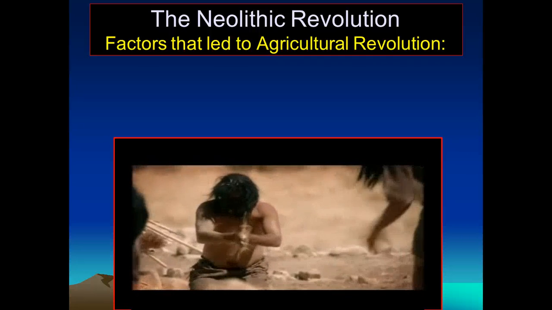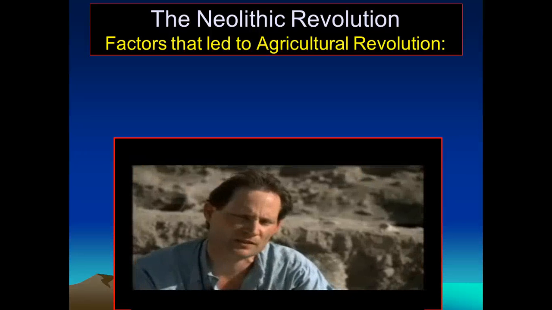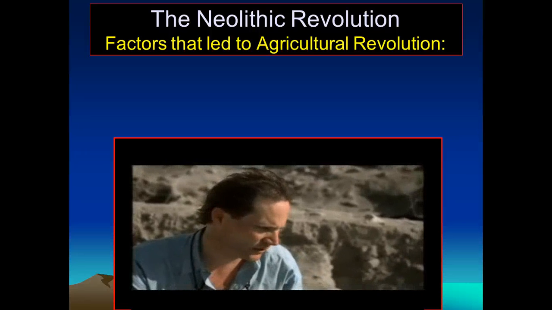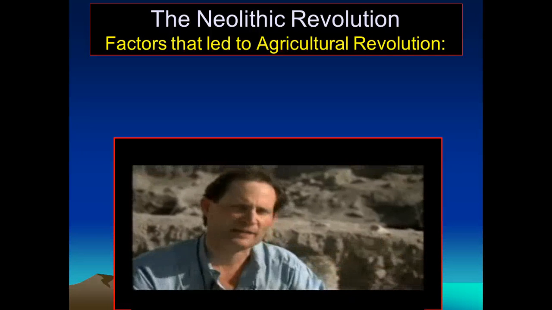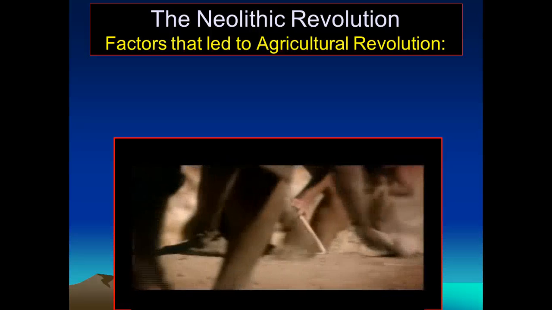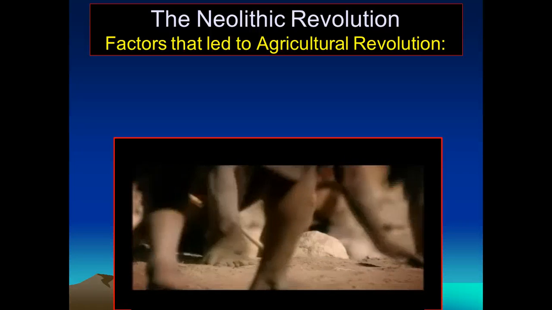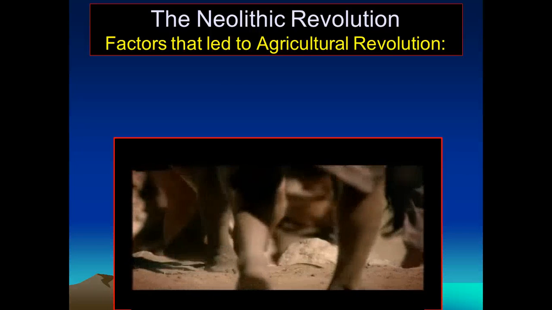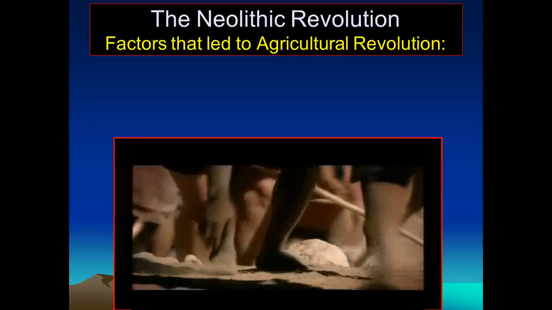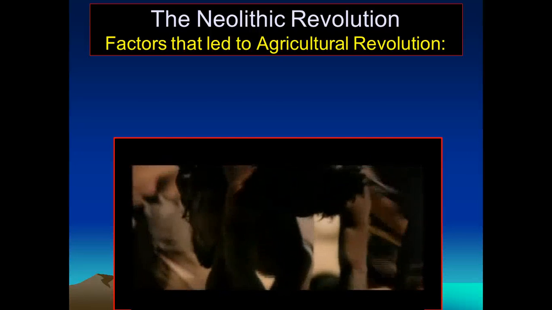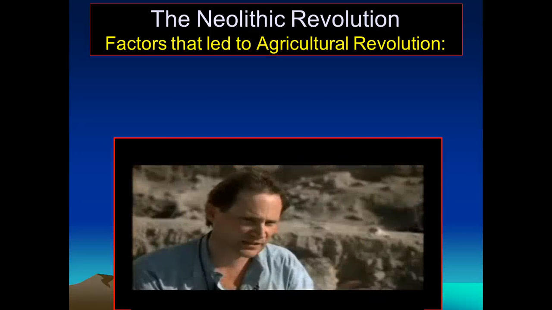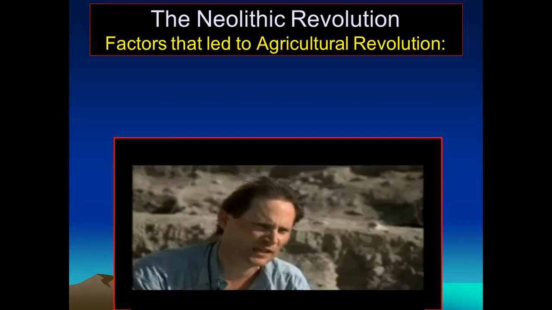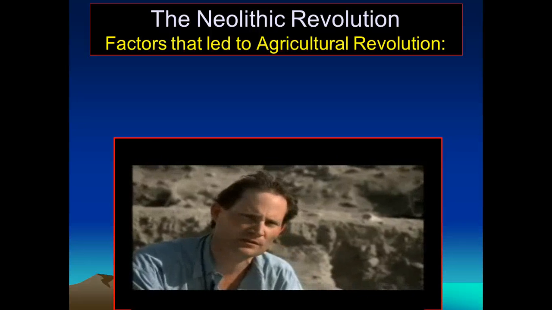Rather than just following food sources around different locations, for the first time people start to bring these resources back to them. Not just as harvested food, but they're bringing them in as seeds and growing them next to their village. And this is the first time we see this anywhere in the world.